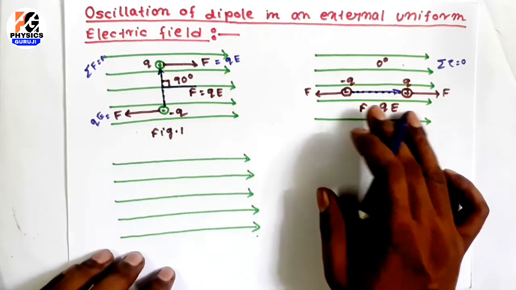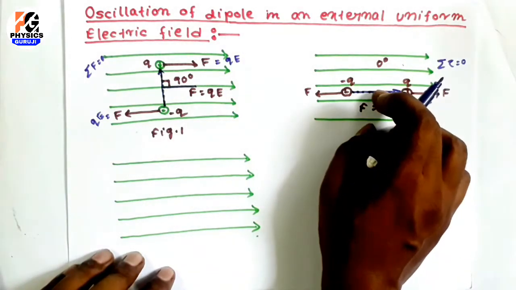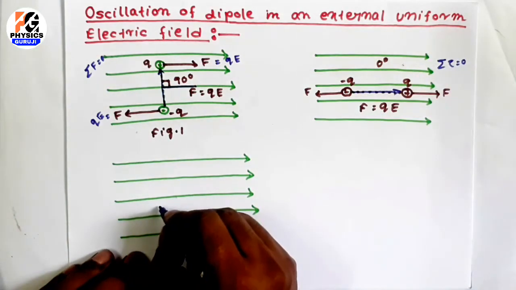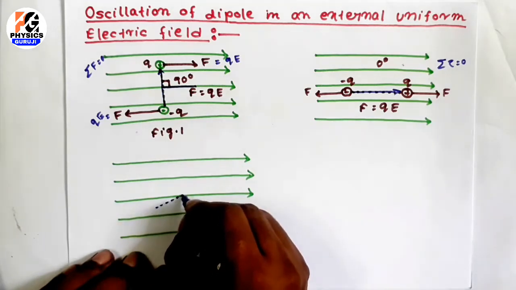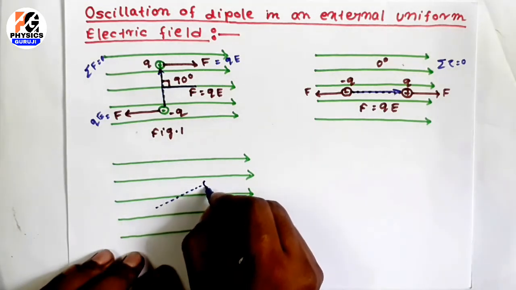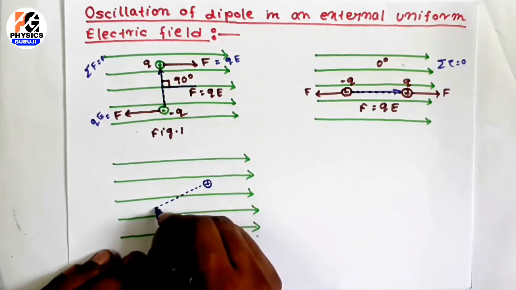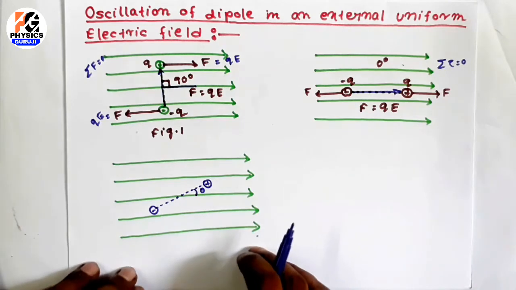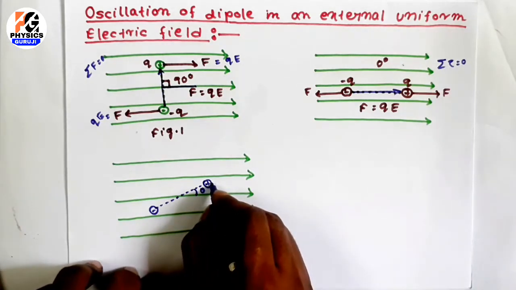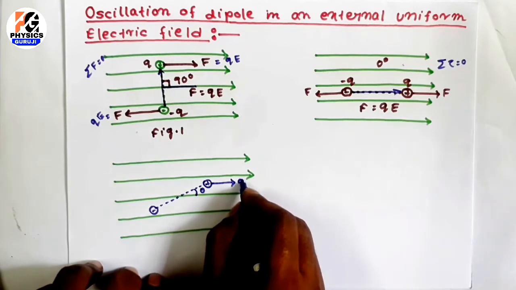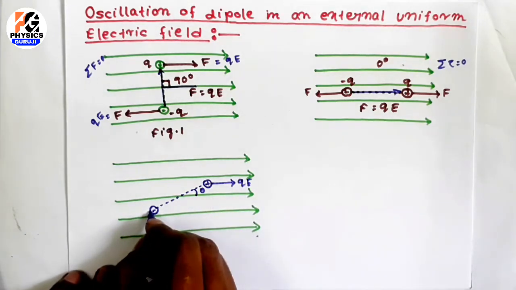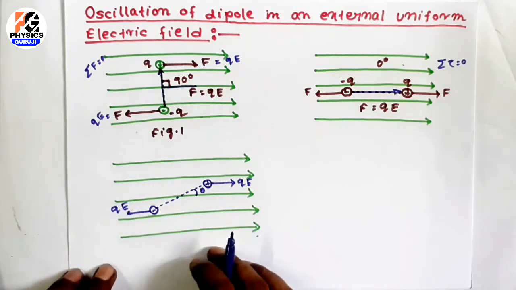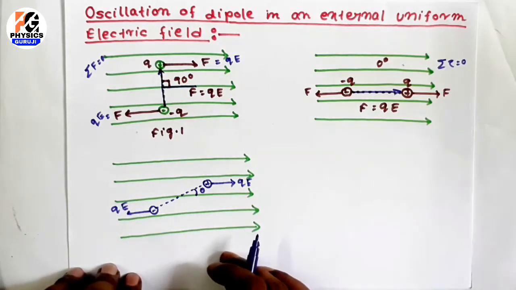Now if you displace it from its position by a small rotation, I am drawing the next figure, where I have rotated the dipole by an angle theta. Due to this rotation, the force is in the direction of the field on one charge and in the opposite direction on the other. Now what will be the torque here?